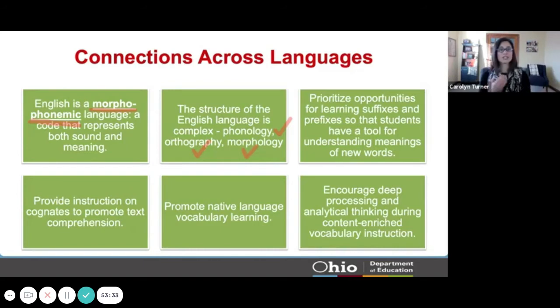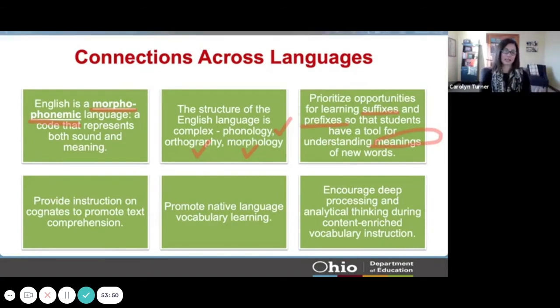Because when we're teaching suffixes and prefixes, if we're teaching meaningful roots, that gives students another tool for understanding the meanings of words. Because remember, when you understand the meaning, that helps the overall comprehension of the text.